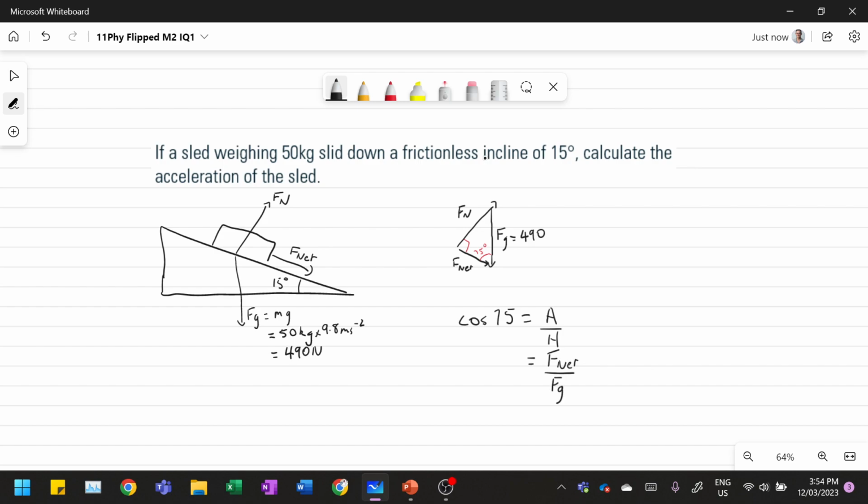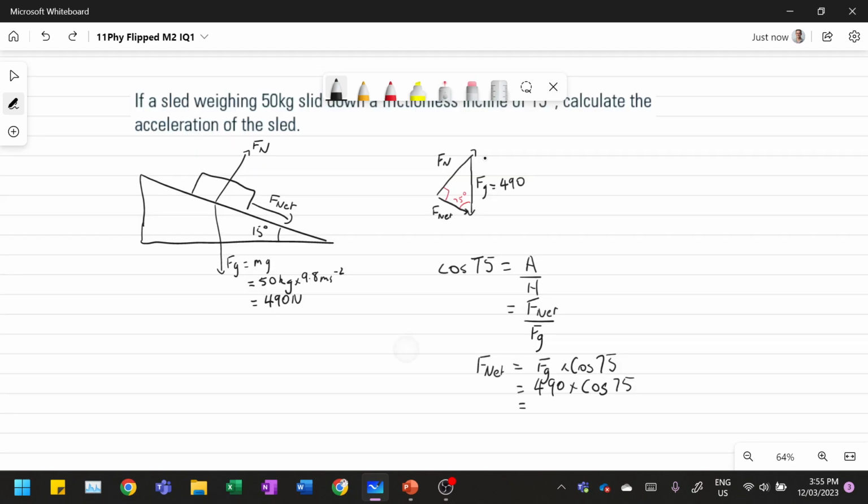We can then solve for Fnet, which is equal to Fg times cos of 75. That's going to be equal to 490 times cos 75. So that is about 126.8 newtons of force.